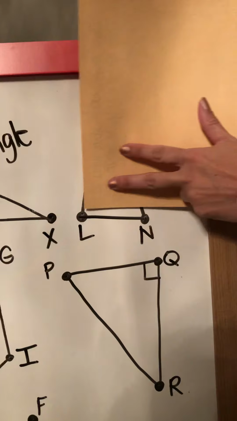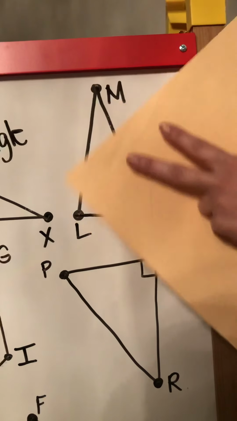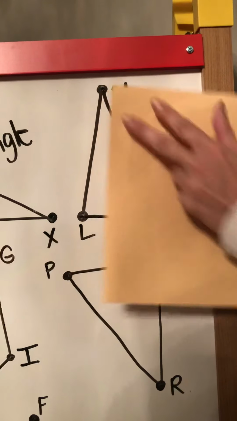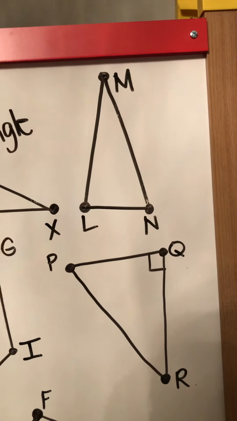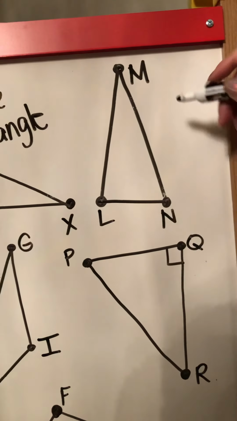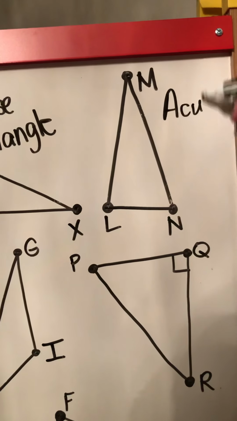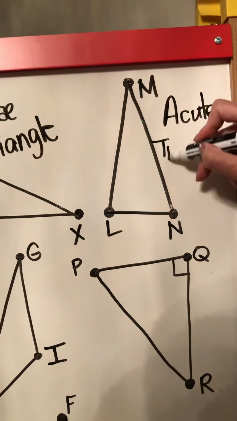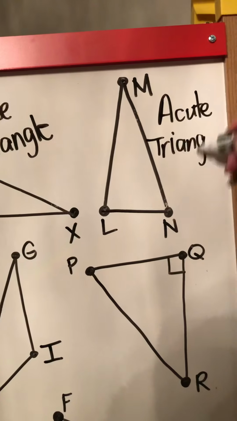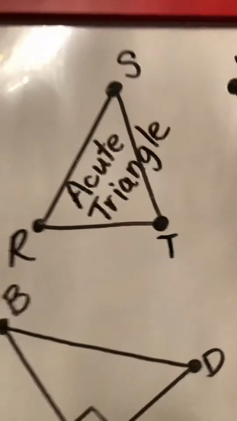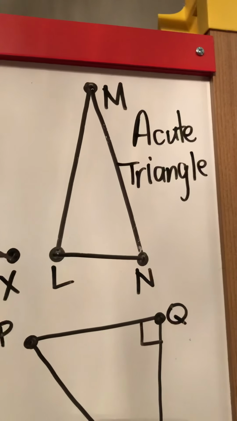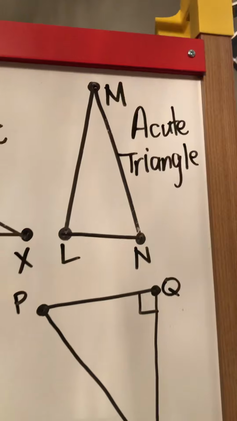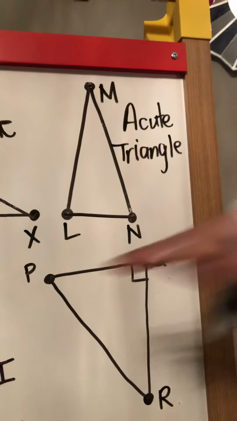I'm putting my paper on it and trying to see if I see anything larger than or at 90 degrees, and I don't. I see three acute angles, which means this is an acute triangle. Notice the first one and this one are both acute triangles, and they look a little bit different, but as long as all three of their angles are acute, they're an acute triangle.